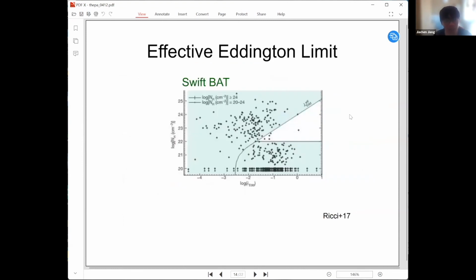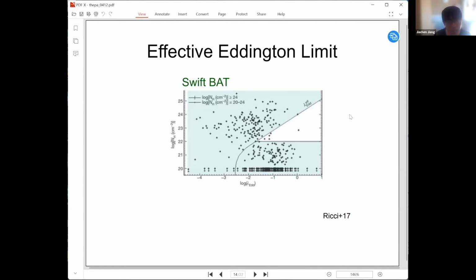Right? So here I would like to introduce the concept of the effective Eddington limit. Claudio Ricci already mentioned this. The Eddington limit tells us when gravitational pull cannot hold against the radiation pressure anymore. And if the luminosity goes above this limit, there would be mass outflowing. The usual Eddington limit is calculated based on the Thomson cross-section, as many of you already know.